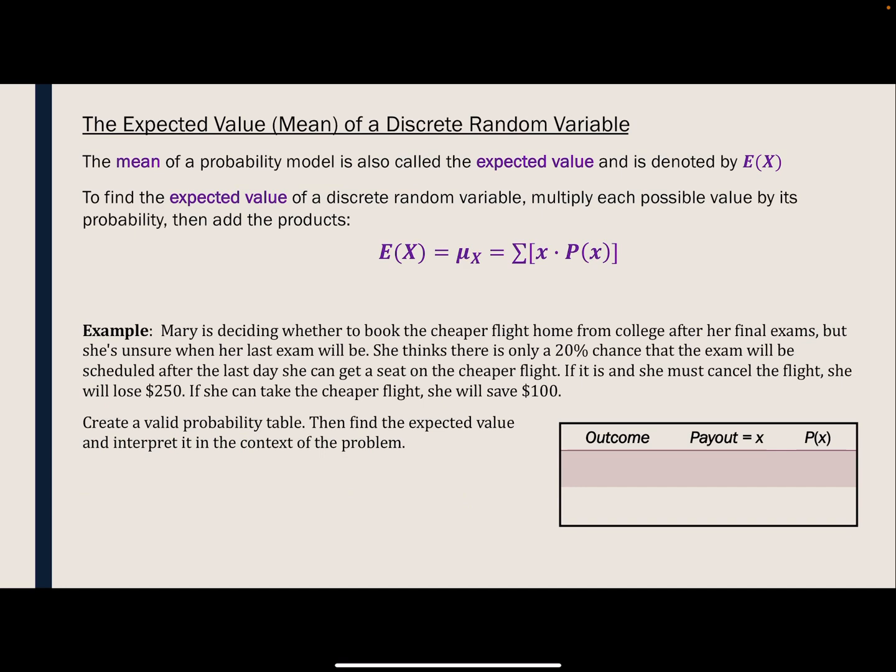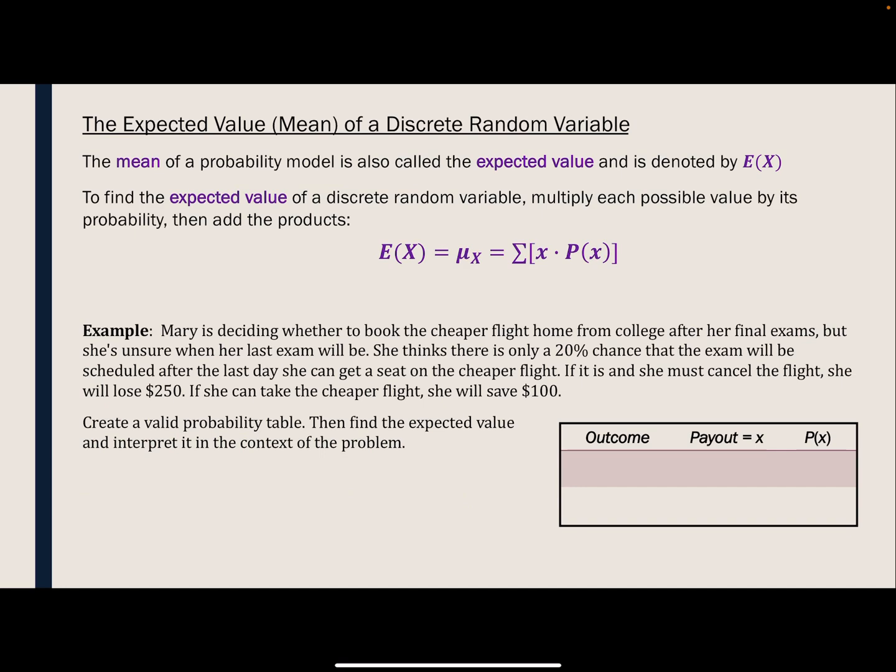When we have created a valid probability table, a lot of times the next question is, what is the expected value? Another word for the expected value is the mean, but it's not just the mean of the x values, it's the mean of the x values that's weighted according to their probability.